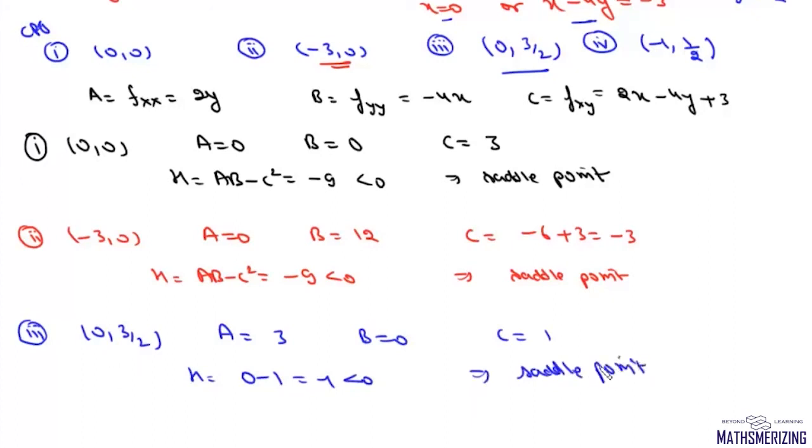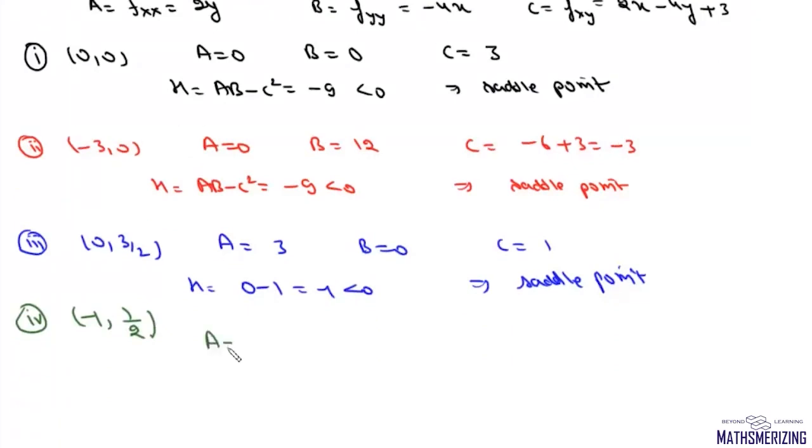And finally, we have this fourth point, which is minus 1, 1 by 2. So for this fourth point, the value of x is minus 1 and the value of y is 1 by 2. Now A in this case is 1. The value of B is 4. And the value of C is minus 2 plus 3, which is minus 1.